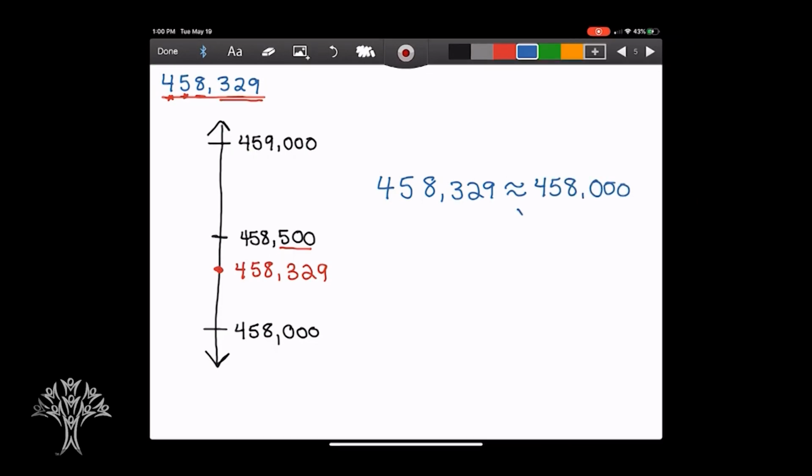You've probably noticed throughout this whole lesson that that symbol right there kind of looks like a squiggly equal sign, but remember, it just means is about or approximately. So it says it's about this much. So remember that. That's all it means.